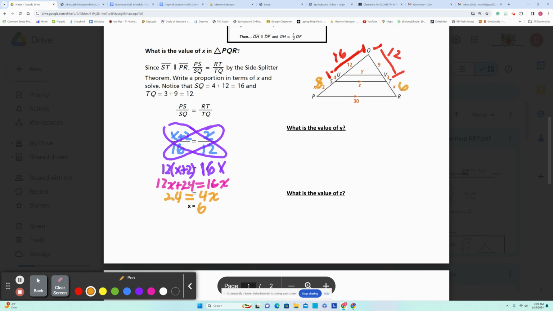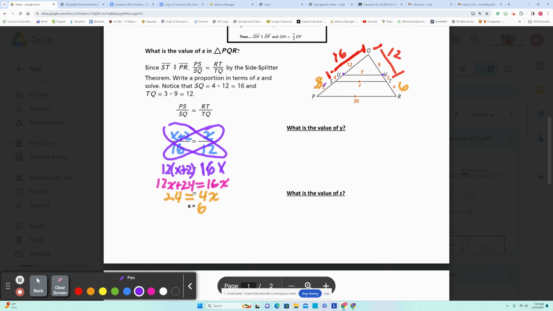So now, the next question is, what is the value of y? So here's y, here's z. We don't need to worry about z, we just need to worry about this and something else that will help us determine this proportional relationship. Looking at this, I can see that y connects here and here.